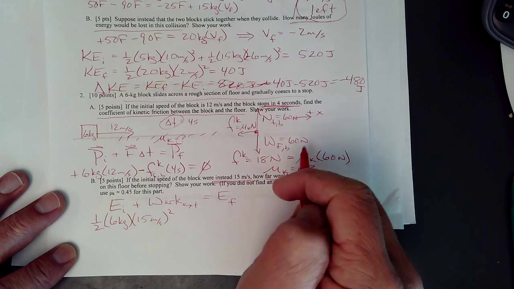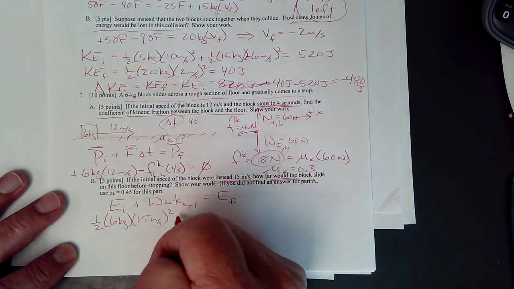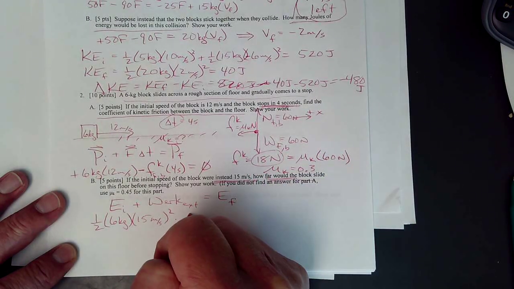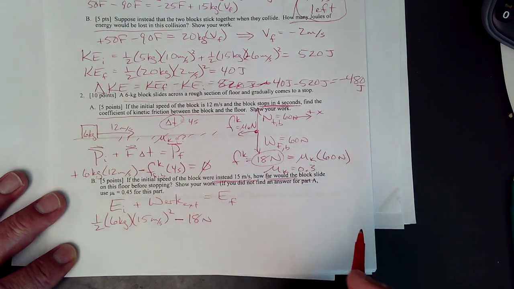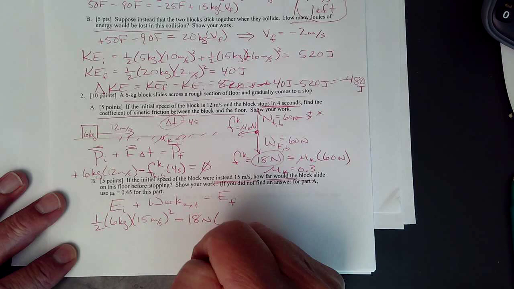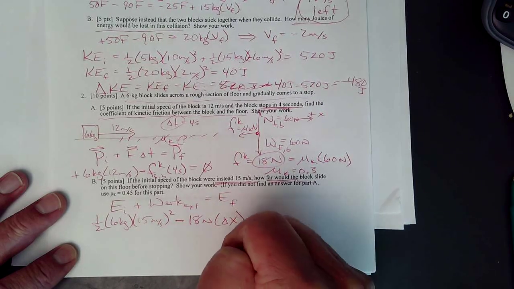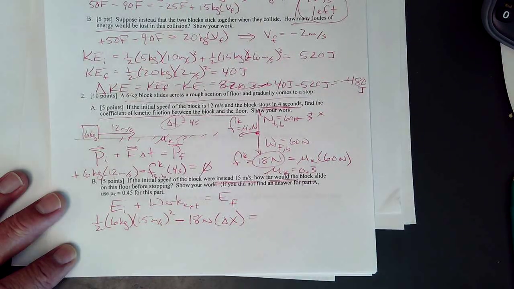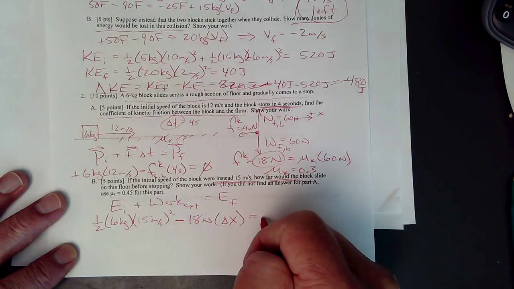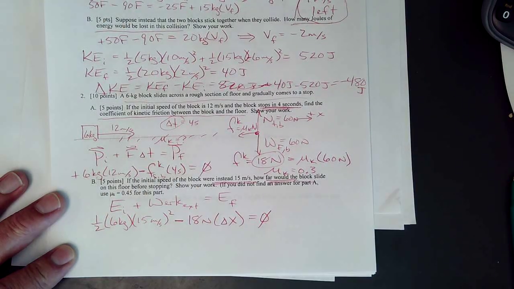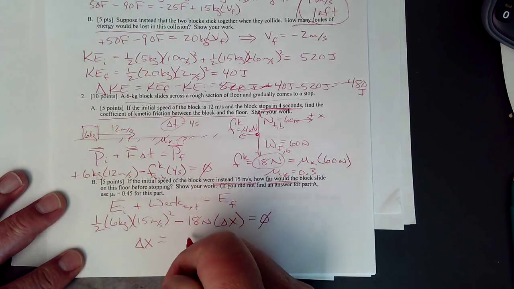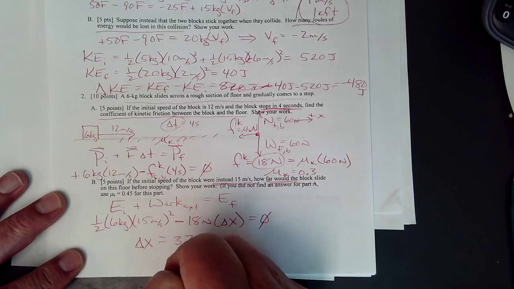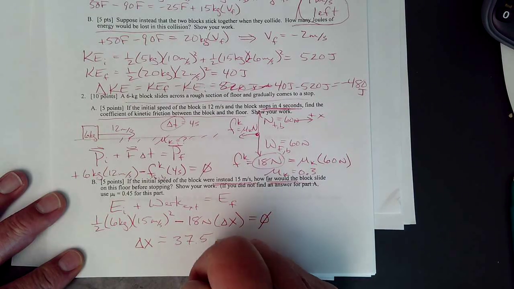The friction force, we said up here, was 18 newtons, and because it's acting opposite the motion, delta x, we can put a minus sign in here for the work. And when it comes to rest, there's no kinetic energy. And that gives me a delta x of 37.5 meters.